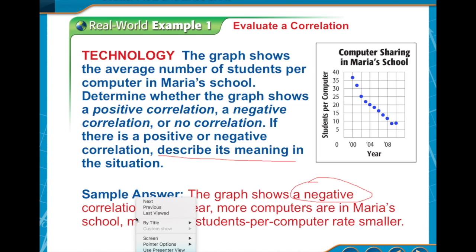The key here is just knowing that this is indeed a negative correlation. So have this trend of dots going down with years on the x, students per computer on the y, and we have a negative correlation. So that is 1A for this one.